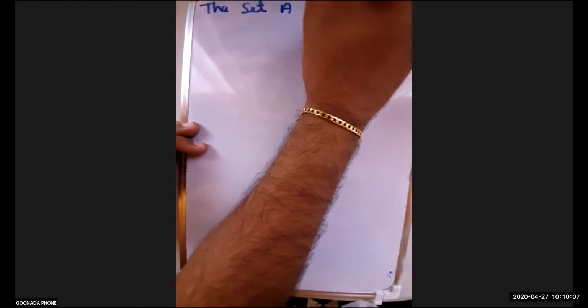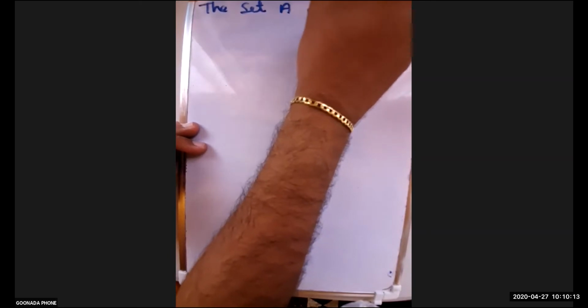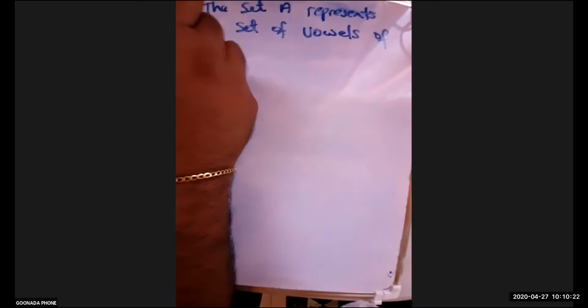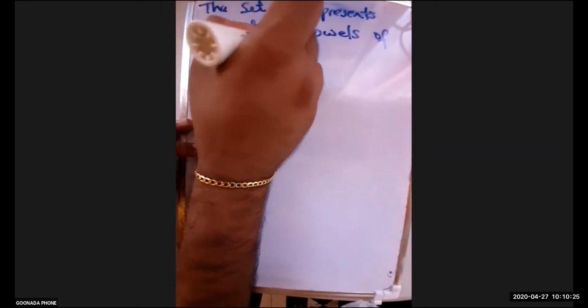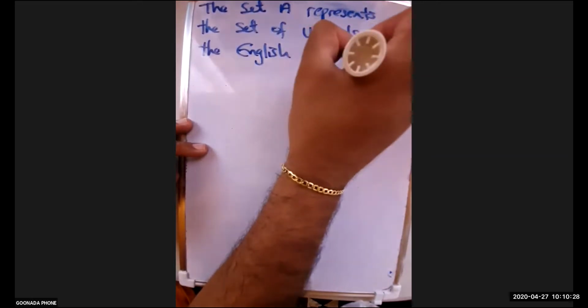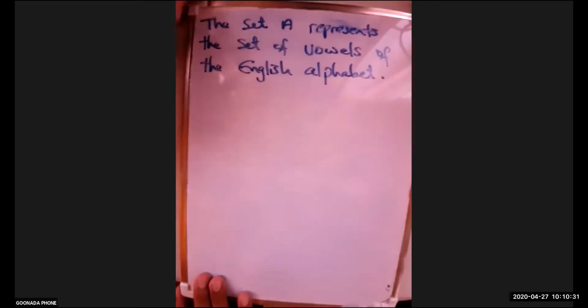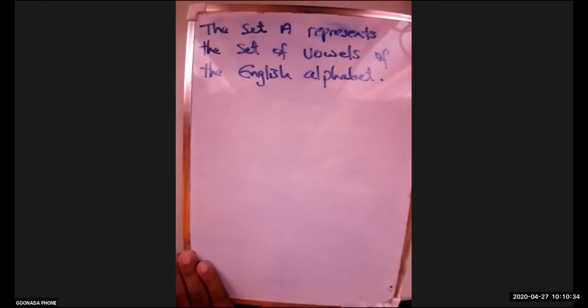So let's say I tell you the set A represents the set of vowels of the English alphabet, right?